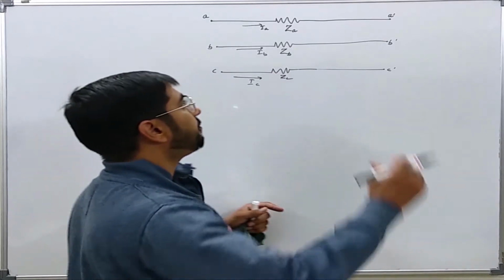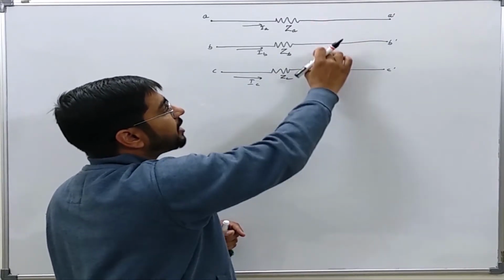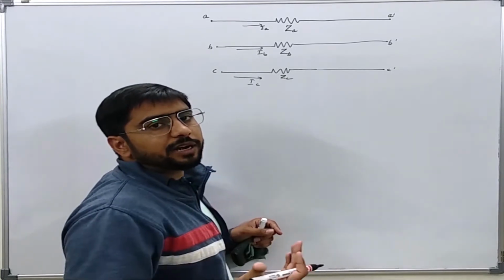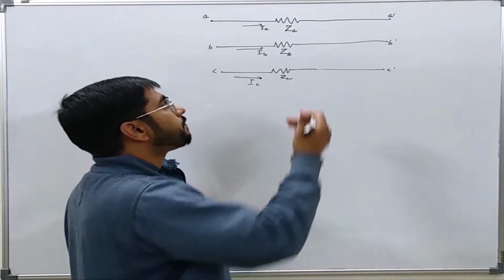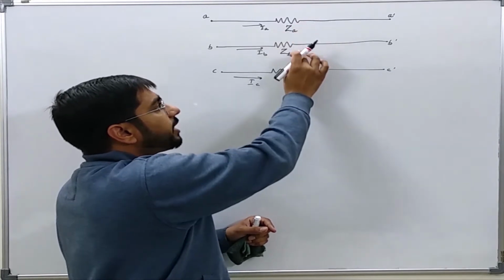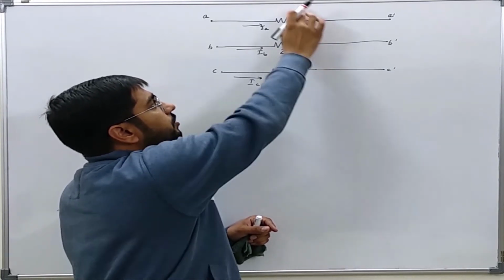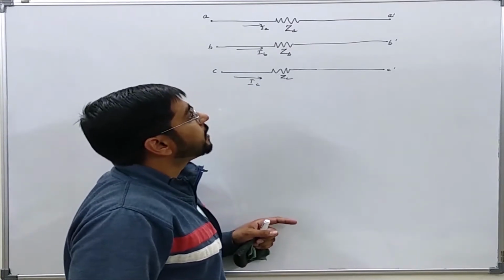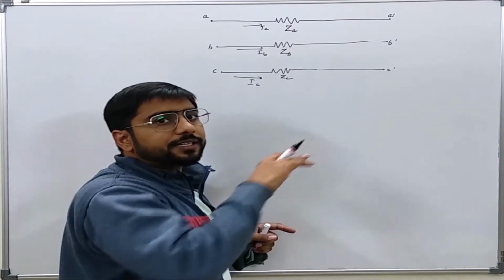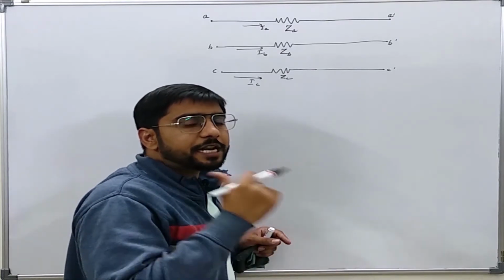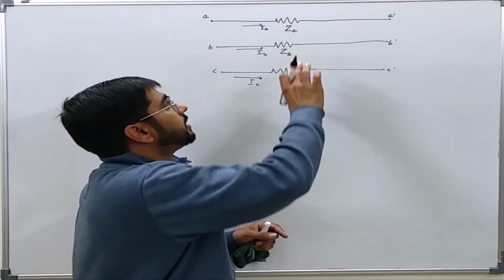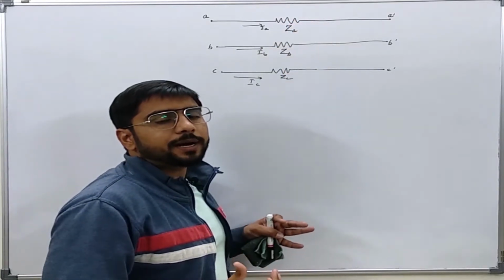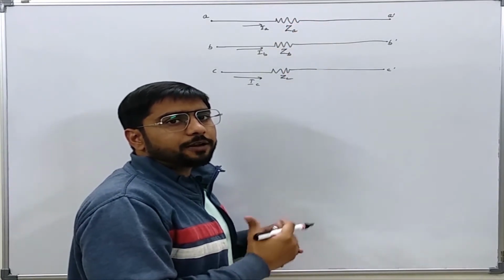So even if this network does not have mutual coupling, even then there will be a coupling between the sequence networks, because ZA is not equal to ZB is not equal to ZC. So this system is not a balanced one. When we derive the equations, as we have already seen in our previous lectures, the sequence voltages and currents will not be decoupled. These will be interdependent upon each other.